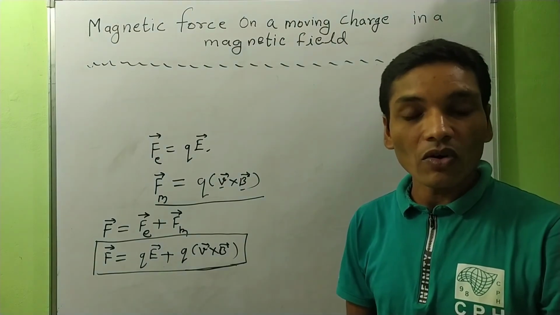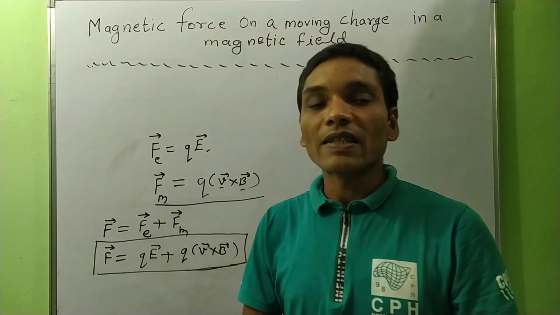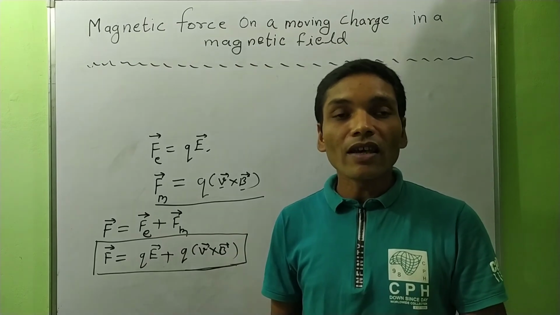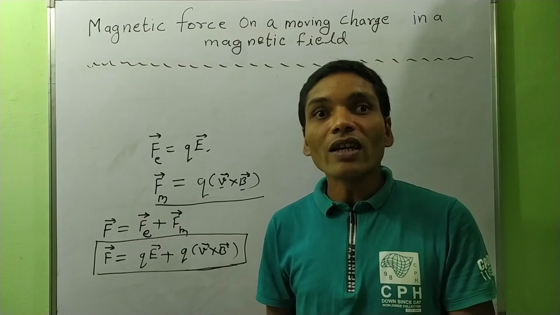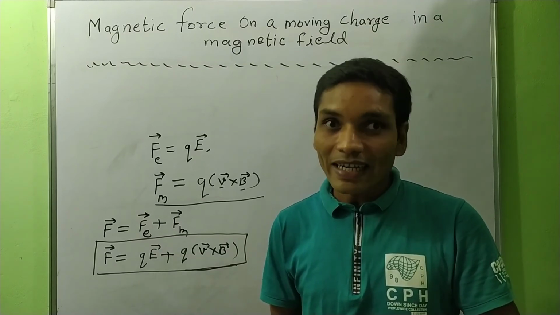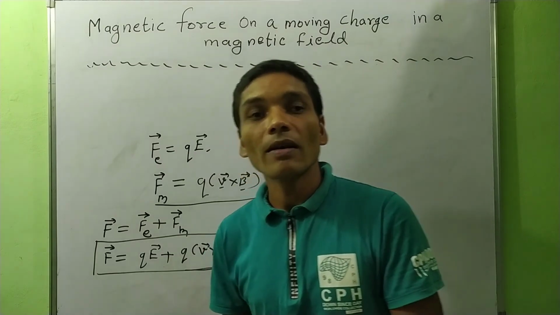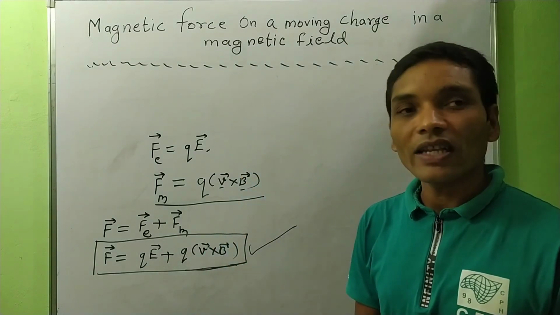So, understood about the Lorentz force? The Lorentz force is the force experienced by the moving charged particle in a region where electric as well as magnetic fields are there. That total force is called the Lorentz force. So this is the equation of the Lorentz force.